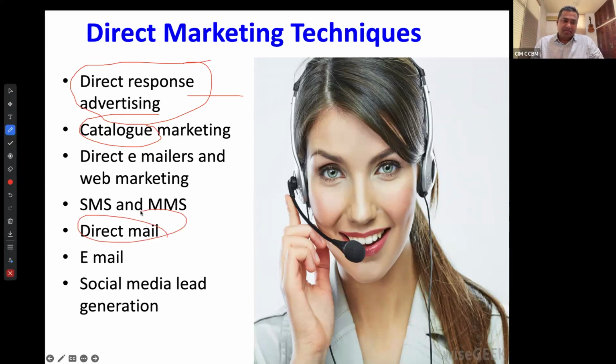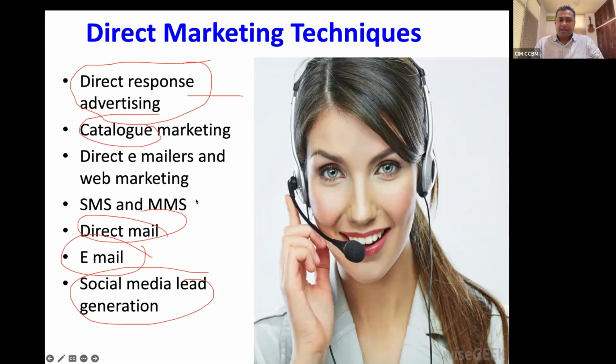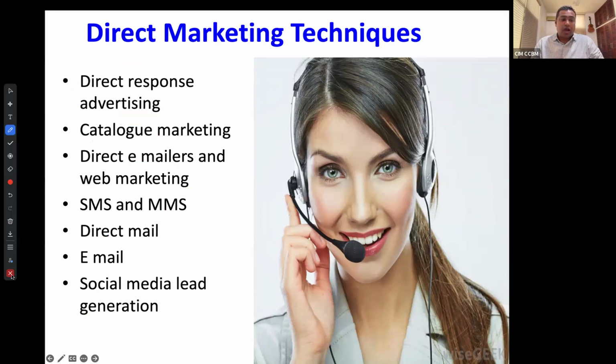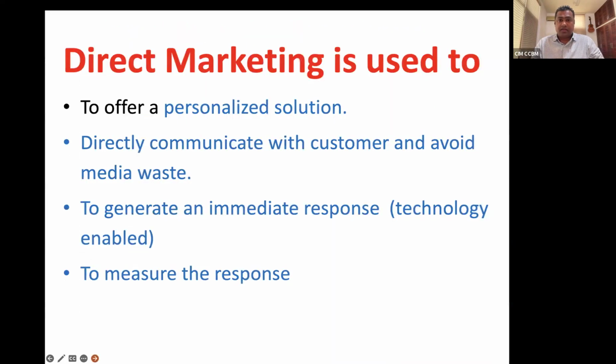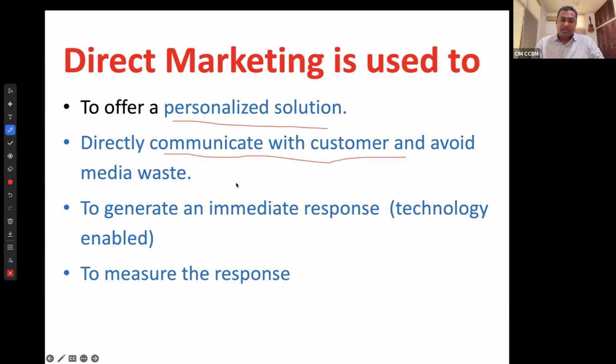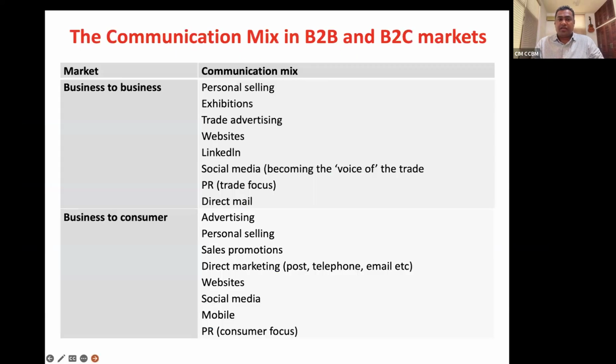SMS, direct mail, email, social media lead generation, using the website. All these are forms or apps, right? Apps are also very popular now for direct marketing. So direct marketing is used to personalize, directly communicate with customers. You encourage an immediate response, it is technology enabled, and you can measure the response.